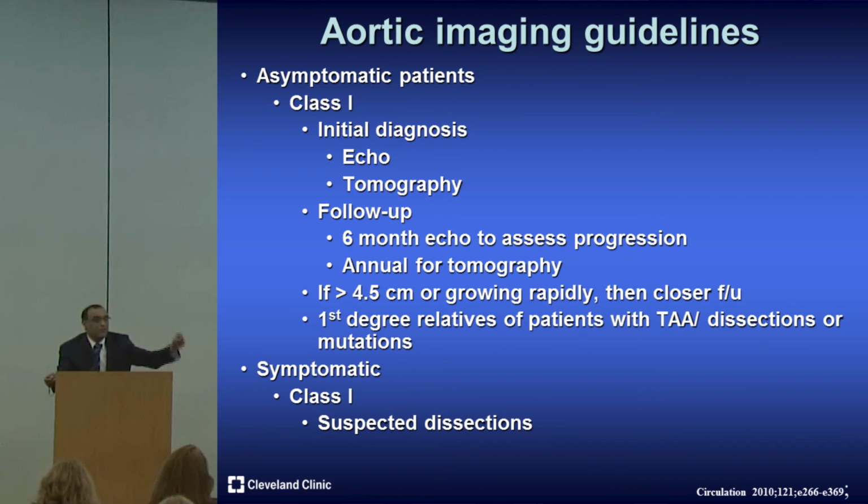And of course, once you get diagnosed with a connective tissue disease, all the first-degree relatives need to be screened. All the first-degree relatives need to be screened, okay? Symptomatic, of course, if you are suspecting somebody is having a dissection, it makes sense to get the best possible imaging modality right away.